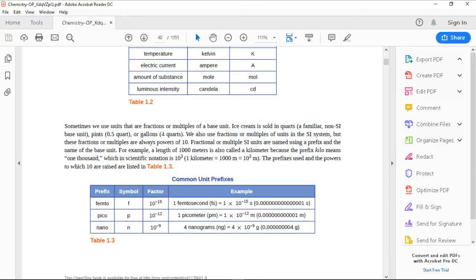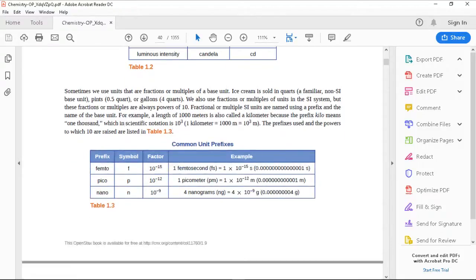For example, a length of 1,000 meters is also called a kilometer, because the prefix kilo means 1,000, which in scientific notation is 10 to the third power. 1 kilometer equals 1,000 meters, or 10 to the power of 3 meters. The prefixes used and the powers to which 10 are raised are listed in table 1.3.